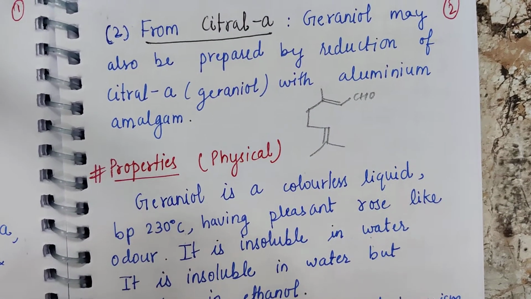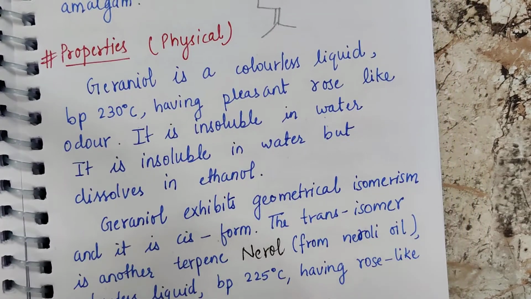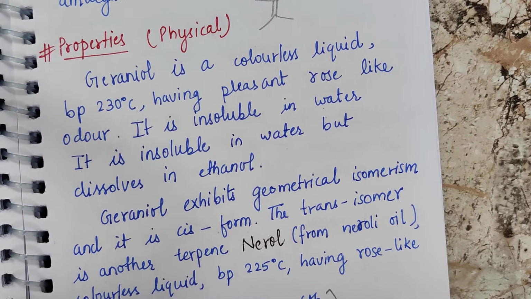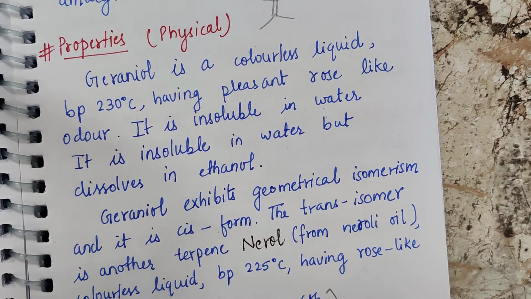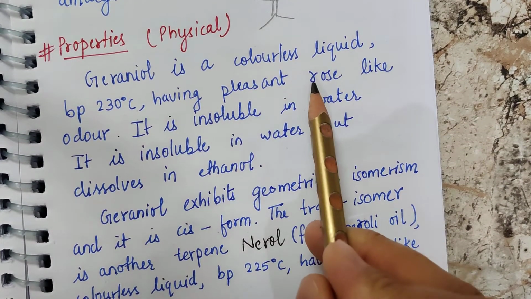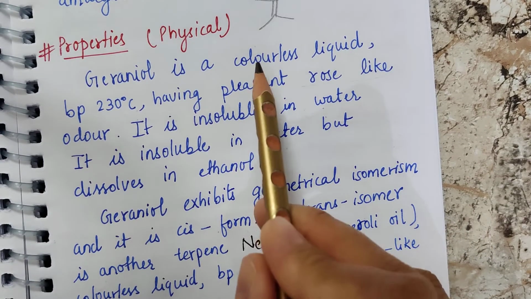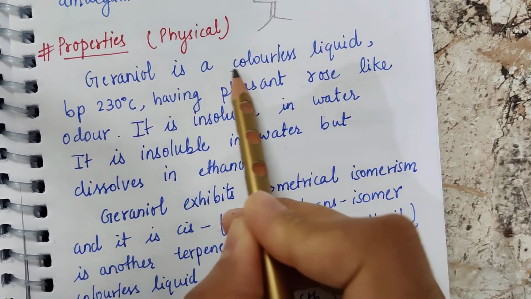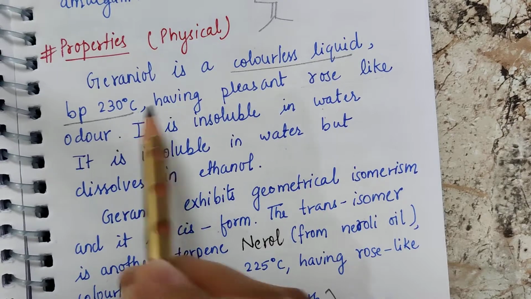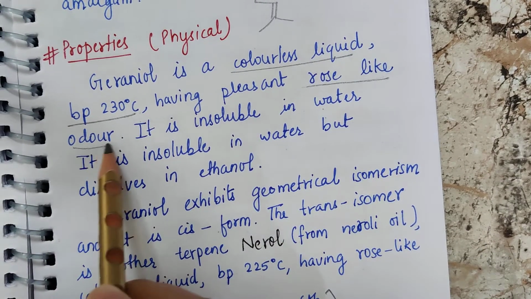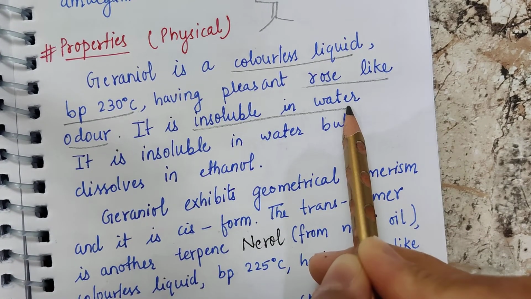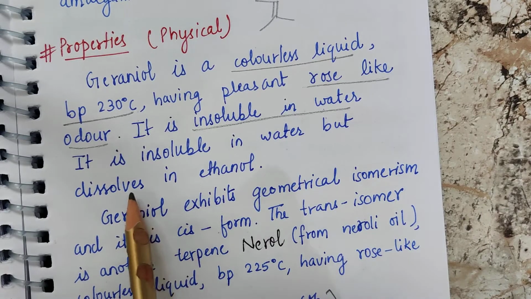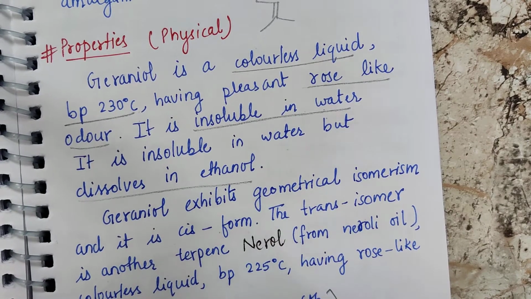If we discuss the properties of geraniol, it's a colorless liquid with a boiling point of 230 degrees Celsius, and it has a rose-like odor. It is insoluble in water but dissolves in ethanol.